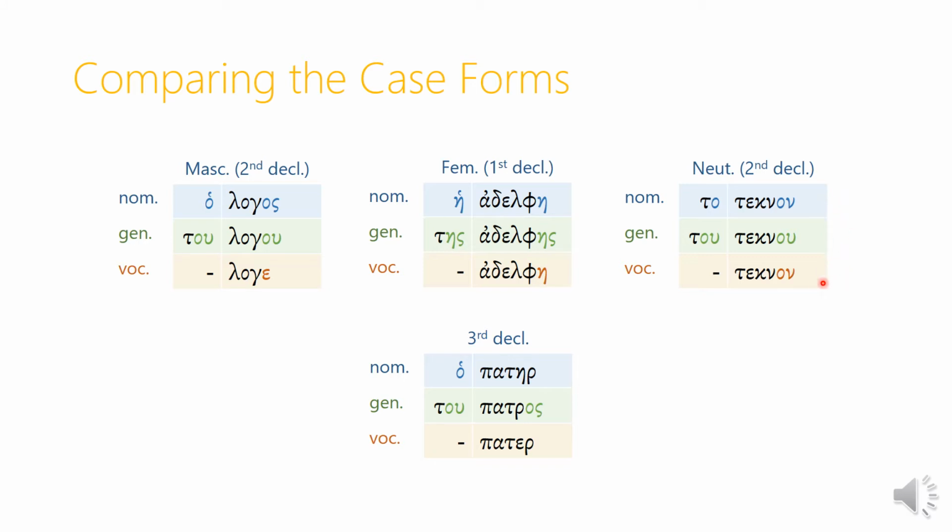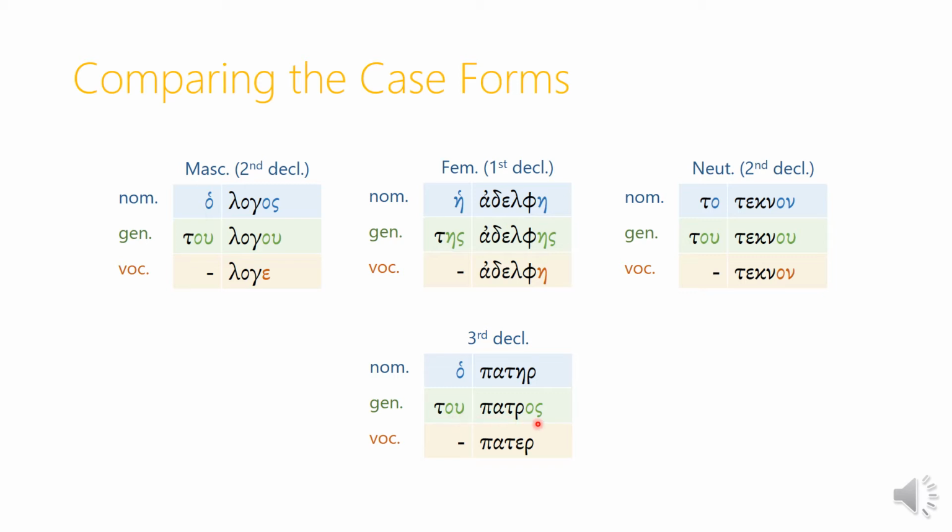Third declensions, again, get a little bit more complicated when we're looking at the stem, because the stems change. But as far as the endings go, they're fairly simple. We have ho pater. In the genitive, we get tu. We're using the second declension definite article, remember.